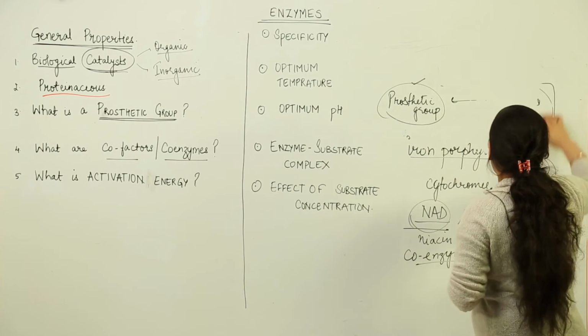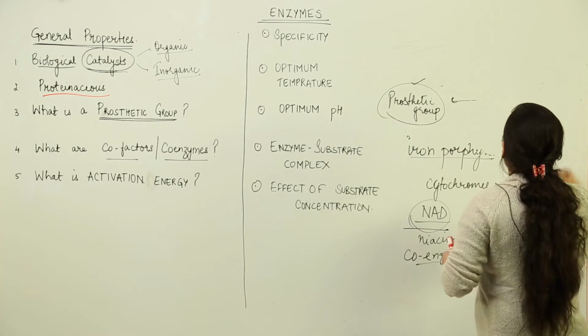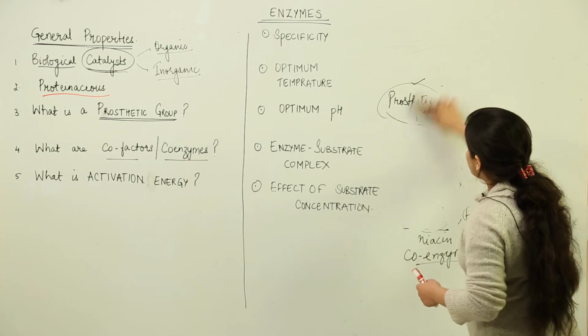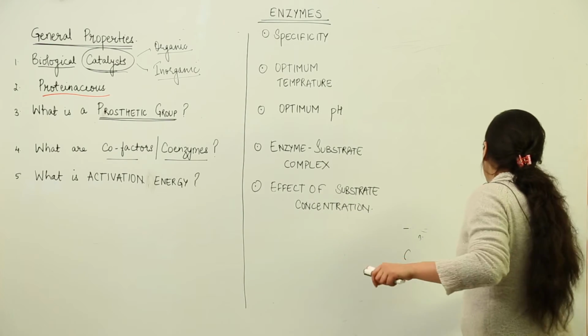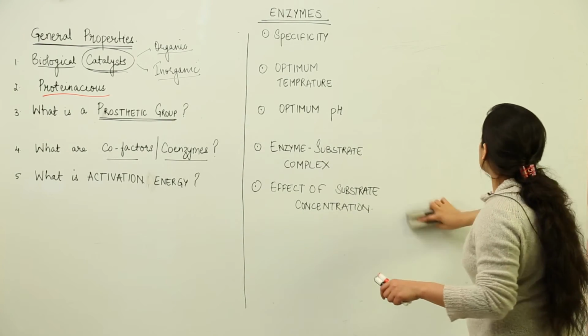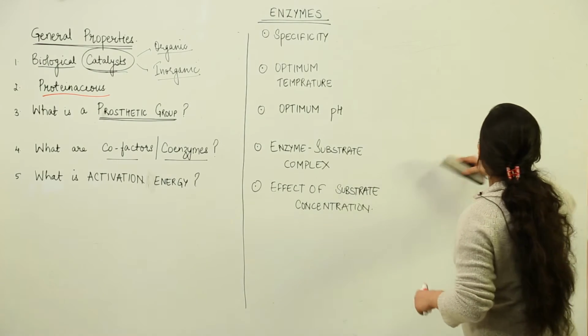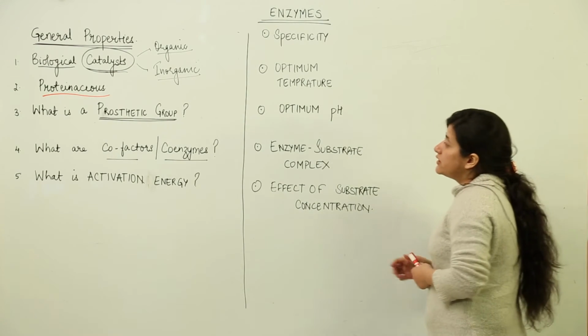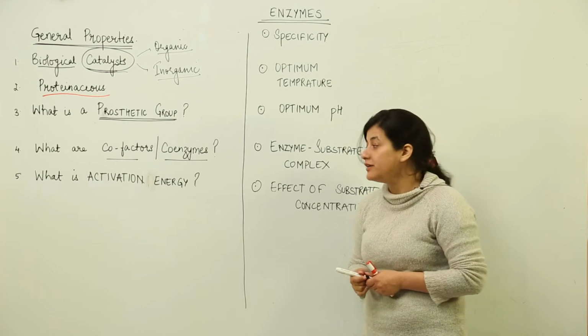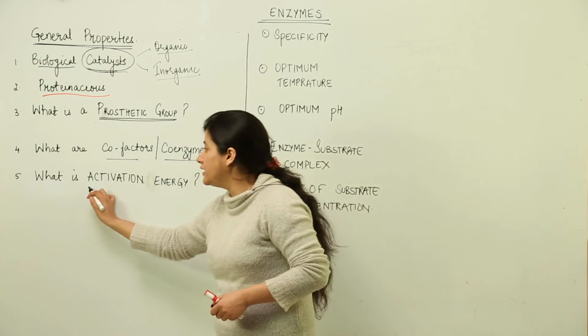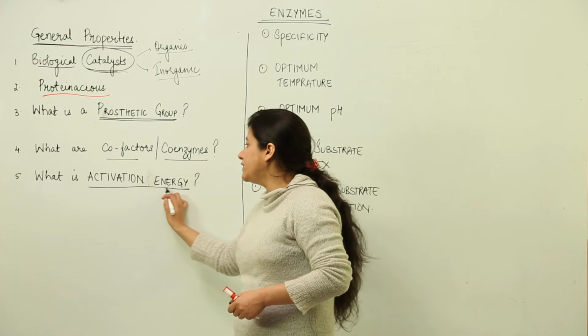To an extent which I said, at least 10 million times, the speed of the reaction could be enhanced up to 36 million times. So how is an enzyme, or if we call it a protein, able to hasten the reaction to such an extent? So the answer lies behind this particular thing, that is the activation energy.